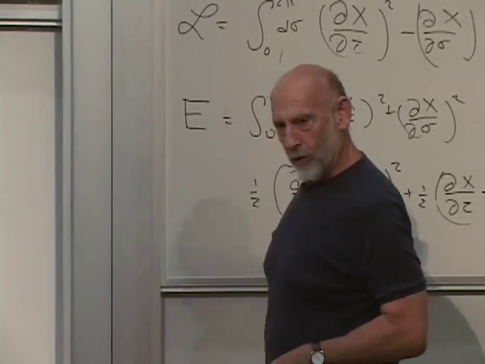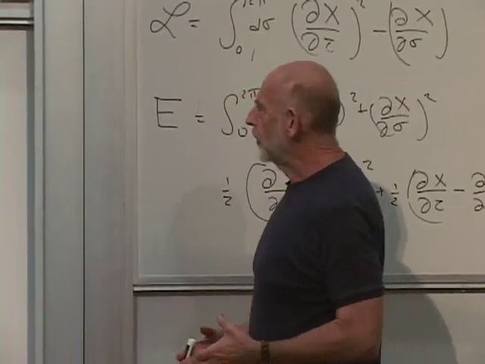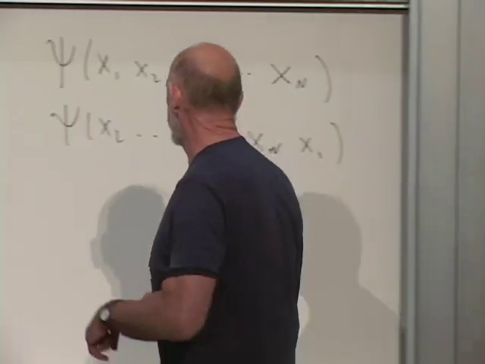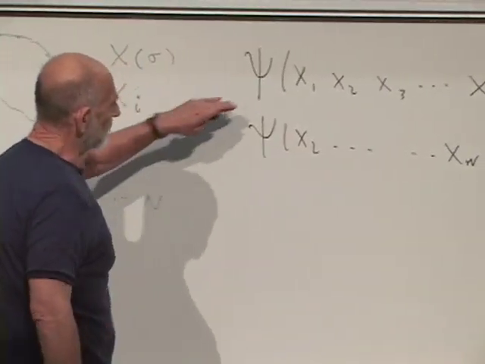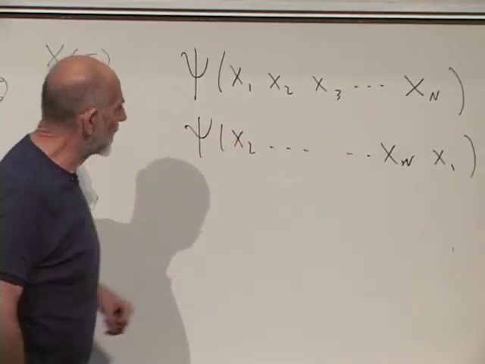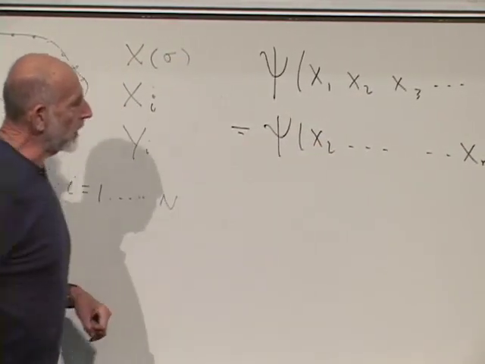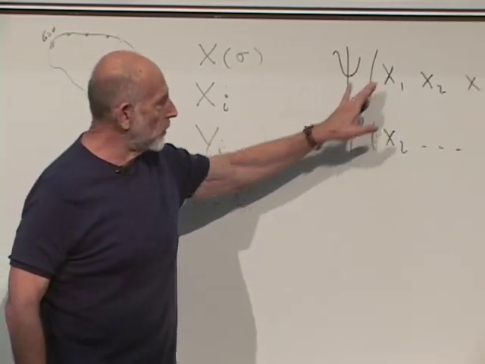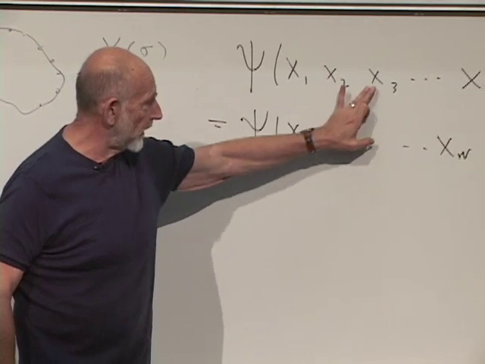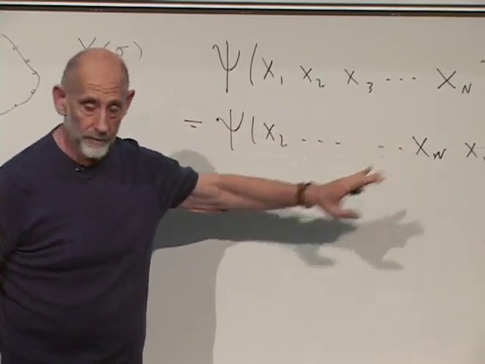A string which has no preferential point should have the property that the wave function, when expressed in terms of x1, x2, x3, xn, should equal the wave function if you substituted x2 for x1, x3 for x2, x4 for x3, and so forth.